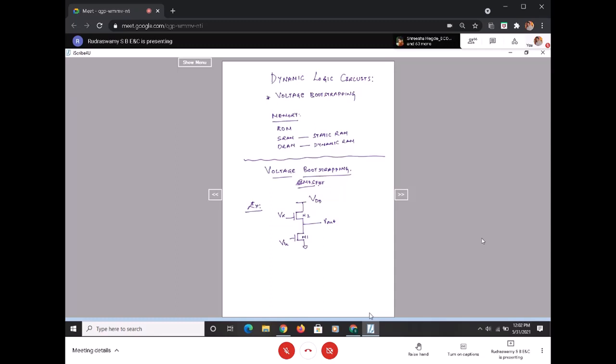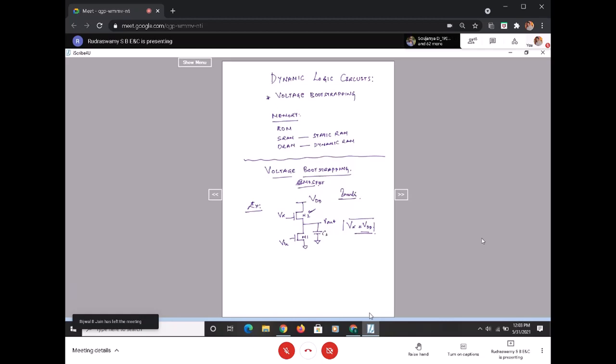In order for M2 to be on, Vx can't be 0, so we keep Vx at VDD. In other words, we ensure that M2 is always on, so this is acting as a load. So Vx is kept at VDD and Vin is the only variable.